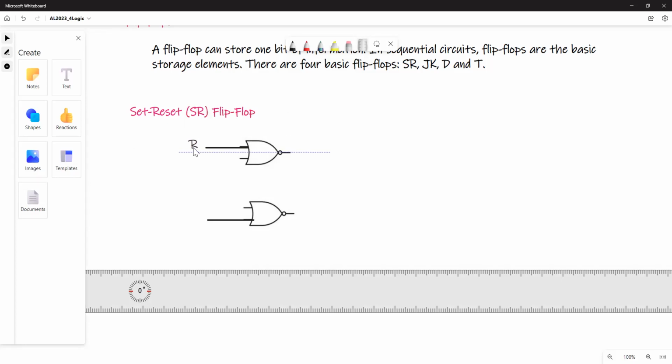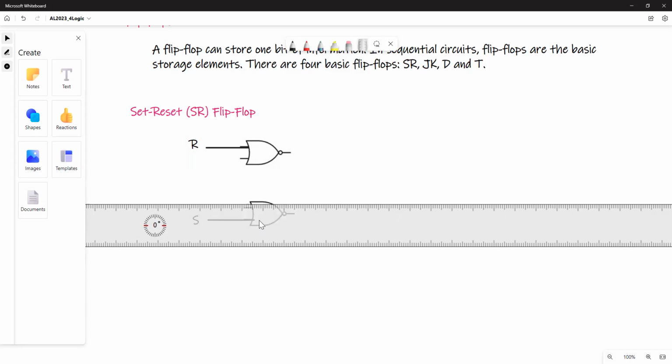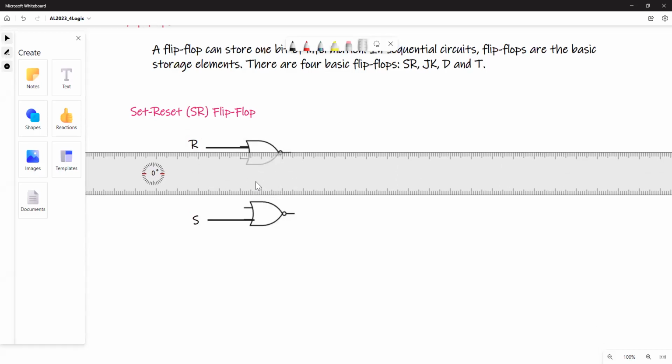So that is reset, and then this is set. So these are the inputs. Now the output is very interesting: this output is going to connect to this input, and this output is going to connect to this. So that's what we are going to do.